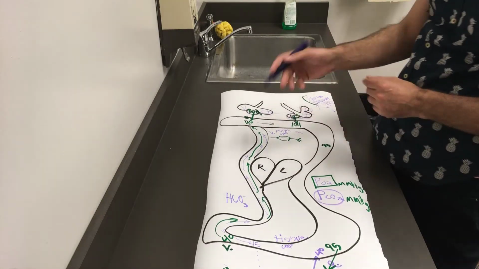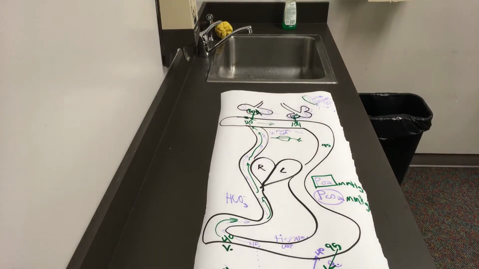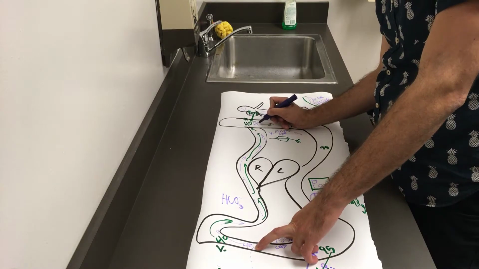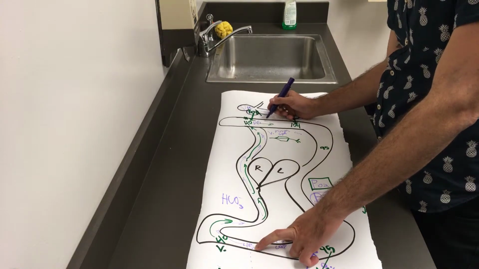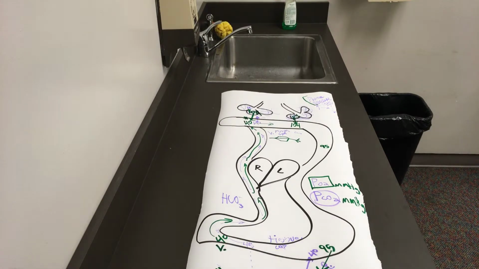And then here it is converted back to carbon dioxide, and the partial pressure of carbon dioxide at this level on the venous side of the pulmonary capillary bed is 45. And the partial pressure inside an alveolus for CO2 is about 40. And it's able to diffuse out of the pulmonary circulation, out of the blood, across the respiratory membrane, into the alveolus. There it's expired.